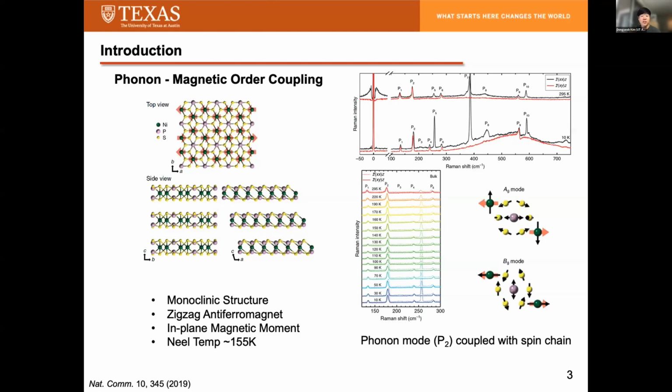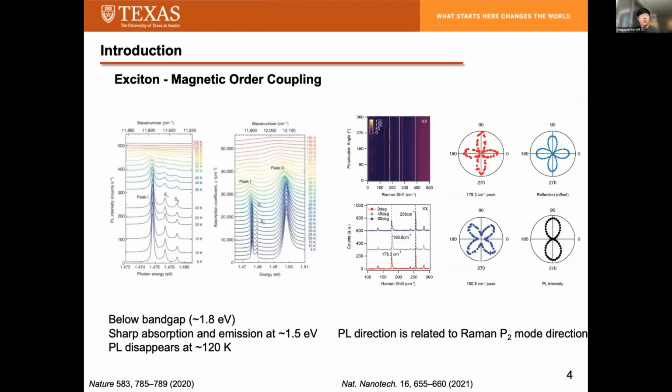This is one of the interesting features of NiPS3, because you can get spin information from the phonon mode. But not only that, you can also catch the magnetic properties by using its excitonic properties. It's reported that NiPS3 has a very sharp exciton peak a bit far below the band gap. When you compare the polarization-dependent PL spectra with the Raman mode, which reacts to the magnetic ordering, they have some relation.